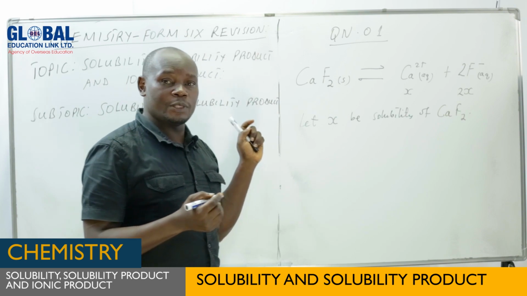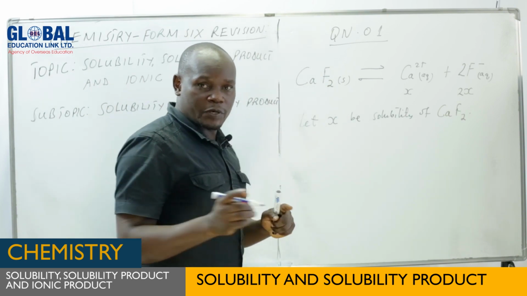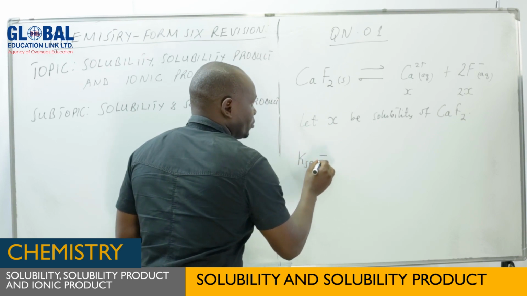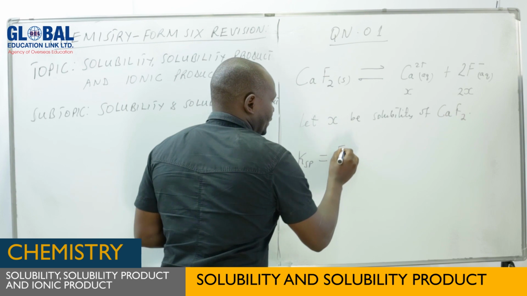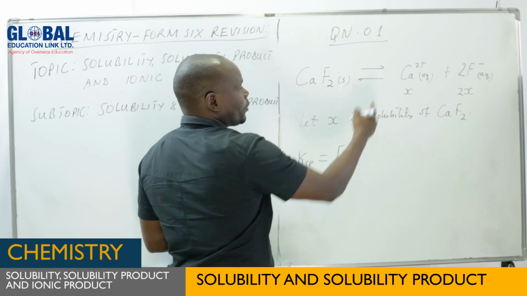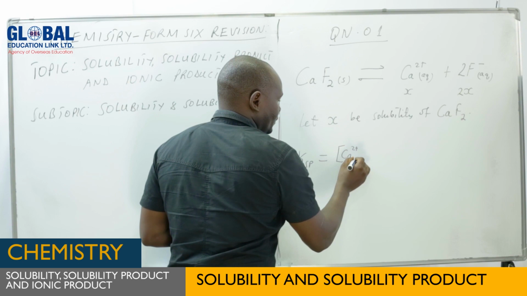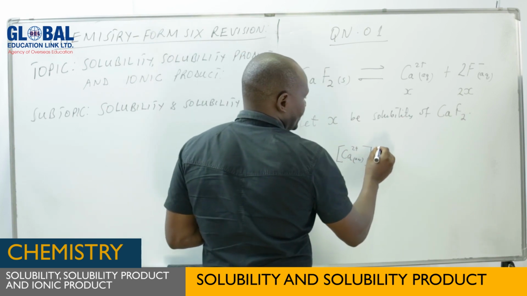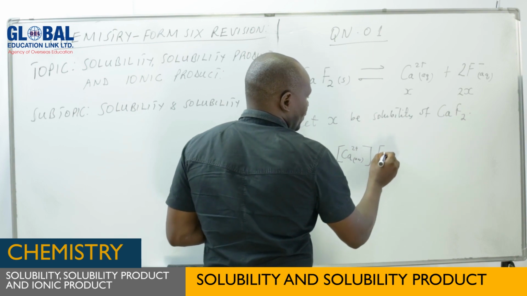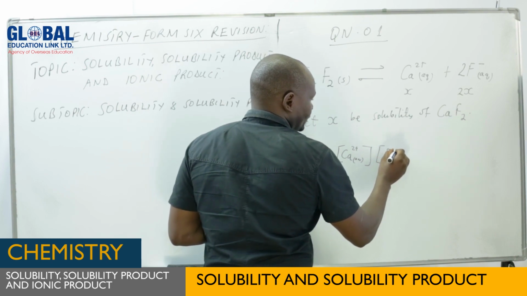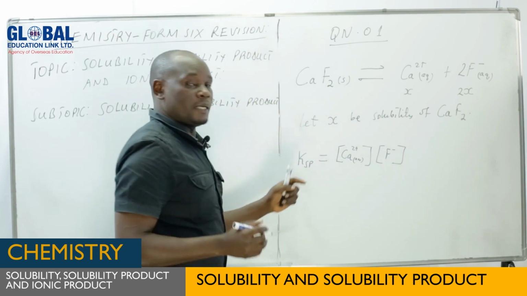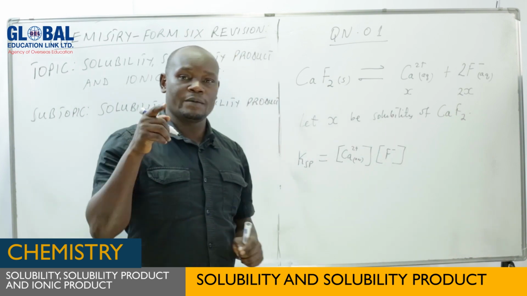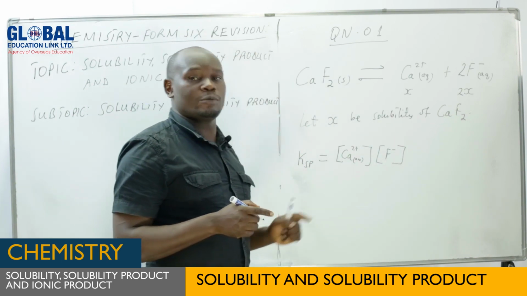If we go back to the Ksp expression for our equation, Ksp is equal to the product of the concentrations of our ions, which is calcium ions times the concentration of fluoride ions. But remember, the solubility product states that each must be raised to the power equal to its stoichiometric coefficient.